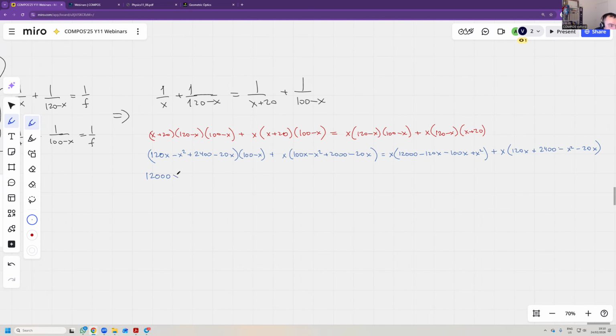12,000x. Oh, let's do that. 100x, 10,000x minus 100x squared plus 240,000 minus 100x squared minus x cubed minus 2400.